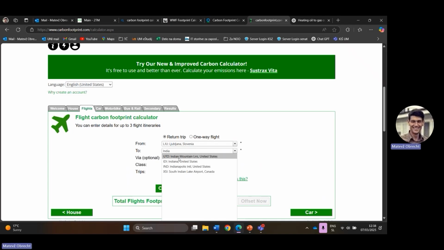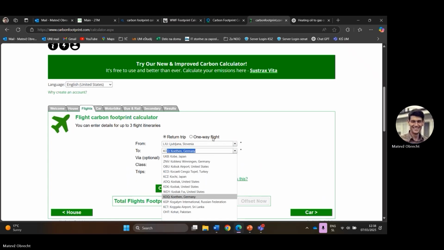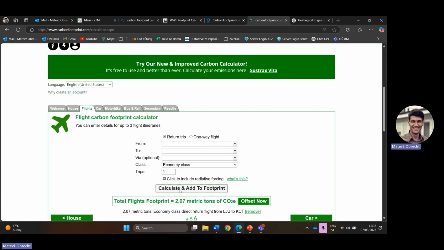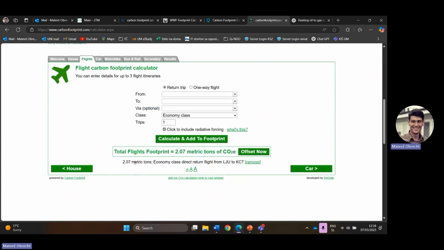I went to... Okay, let's put... We don't have Delhi. Okay, there, I will just put that one. Sri Lanka, economy class, how many trips? So you can calculate and add. You can see 2 metric tons.